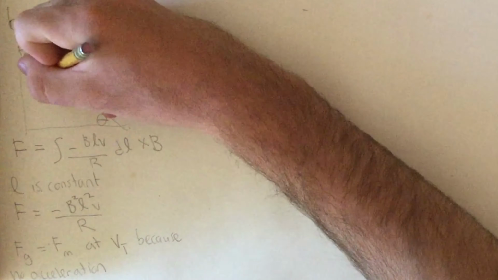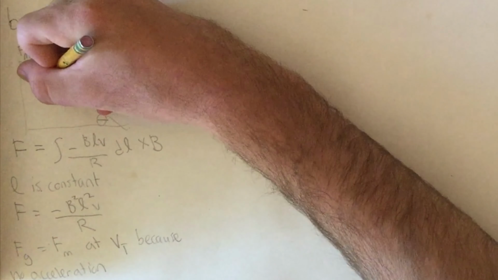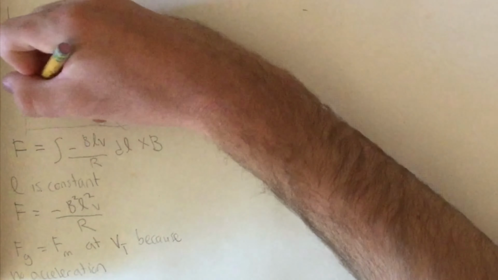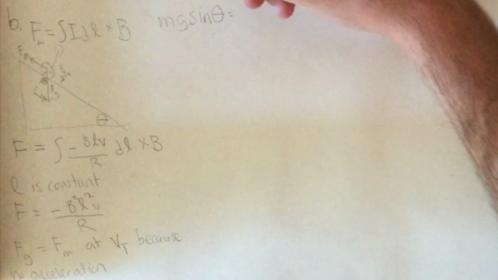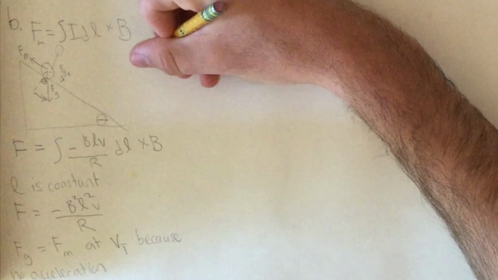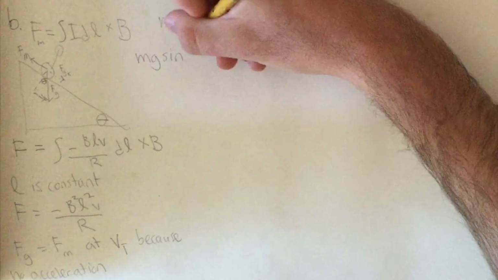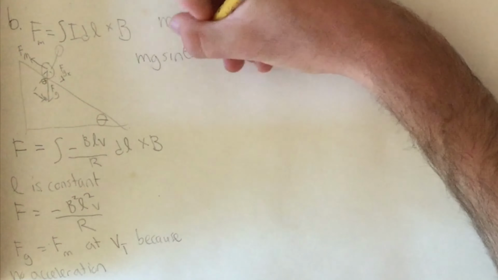And now it looks like our contestant is trying to find the force of gravity that is opposing the force of the magnetic field, and that is mg sine theta, setting it equal to the magnetic force. And it looks like our contestant will isolate the terminal velocity to get the final answer.